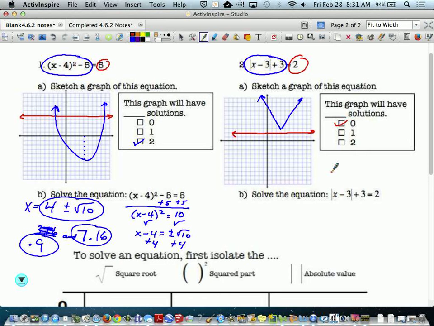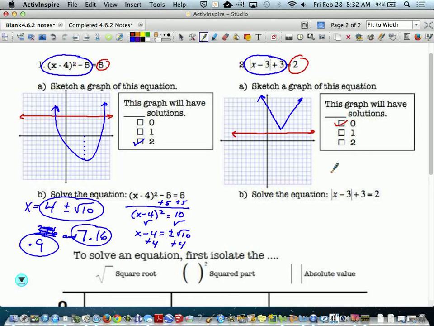Wait, is that for all of them? No, just in this situation. So for practice, what would I have to do to be able to solve this problem?